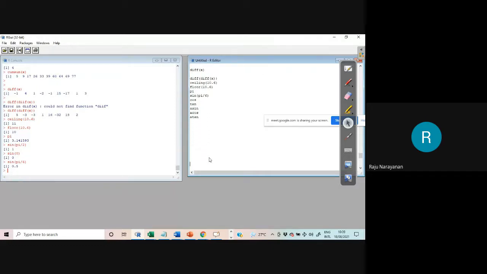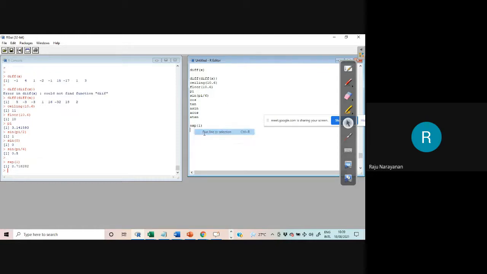I am not going to explain all those things because so many things are there to explain today. I have come with a big plan for today. E raised to something, exp. Exp 1 is 2.7 something, etc. E raised to 2, you just type 2, that's all.